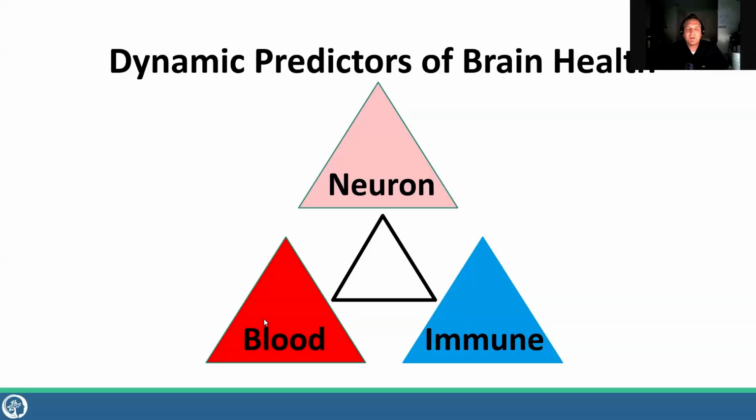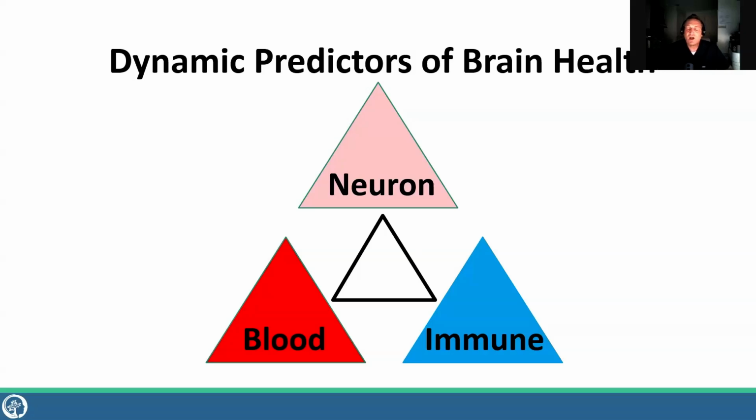Okay. And then we've got to have blood flow. Blood flow to the brain is essential, and here's why. Blood flow nourishes the neurons and nourishes the immune system cells. Blood flow brings in micronutrients from your last meal. It brings in micronutrients from the supplements that you've been taking.